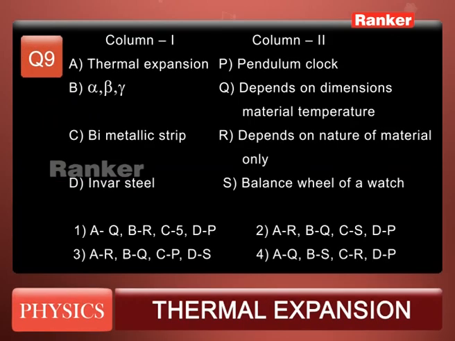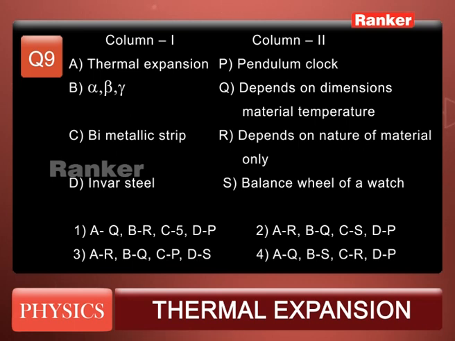Question number 9. This question is based on matrix matching. In column 1, four options are given and we have to relate them with the options given in column number 2. In column number 1, A is thermal expansion, B is alpha, beta, gamma, C is bimetallic strip, D is invar steel.